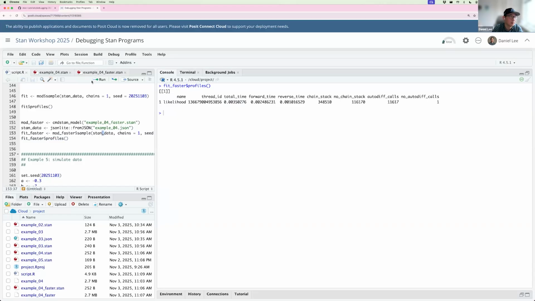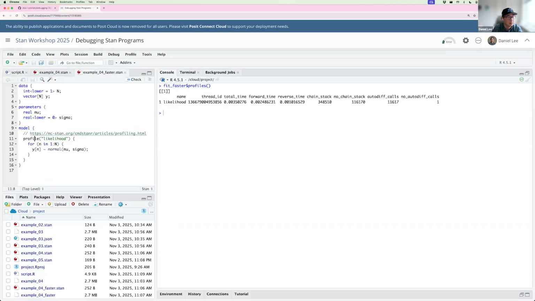Right now we've got nothing in this program, so it's really easy. I know that we can vectorize this. If we do this, it should be faster.